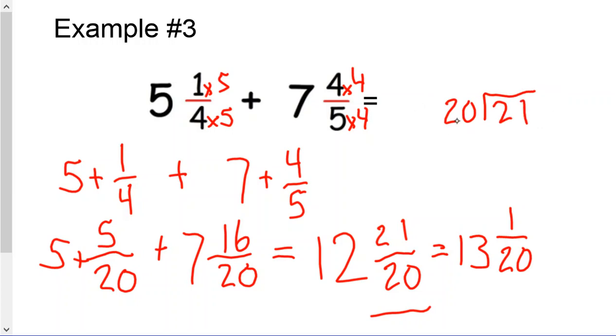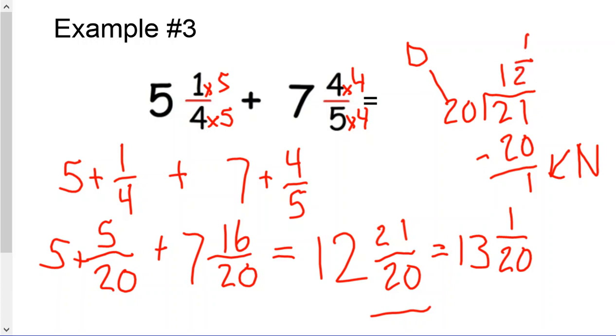Okay, and now we know that 20 goes into 21 one time, so that's our whole number. So we would have 20, and then we subtract, and we're left with 1. So then this would be our new numerator. I'm going to put an N here for numerator, and this stays as our D for denominator. So then we would have 1 and 1/20. And if we add that 1 to the 12 here, we get 13 and 1/20.